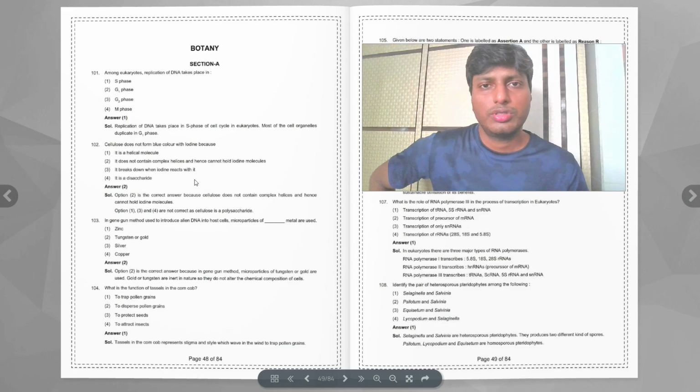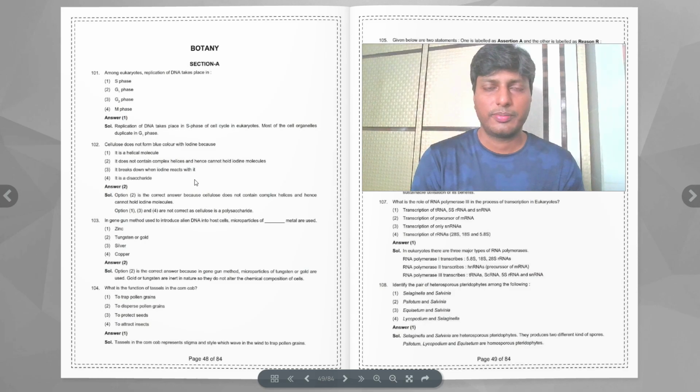The difference is in their structure: starch has a branched structure with branched helices, while cellulose is a simple linear structure. They don't have branched helices, as a result of which cellulose cannot be stained with iodine. So the answer is option B, it doesn't contain complex helices, hence cannot hold iodine molecules. Let's read the third question.